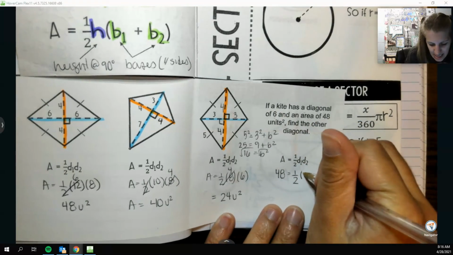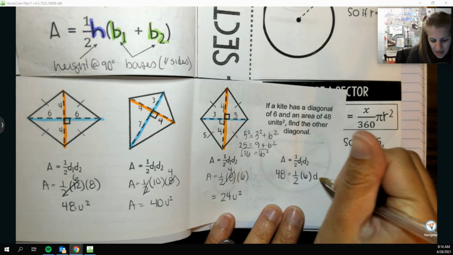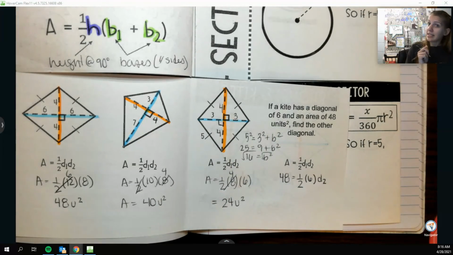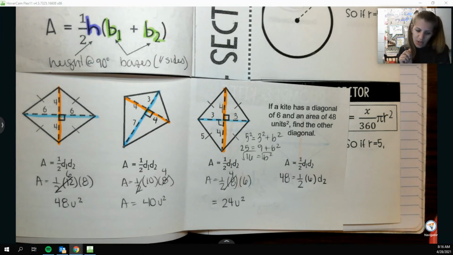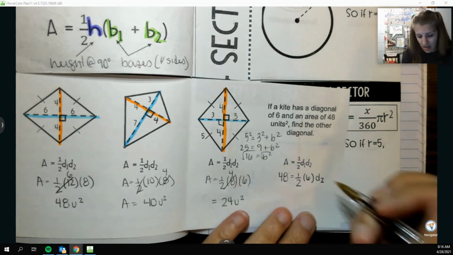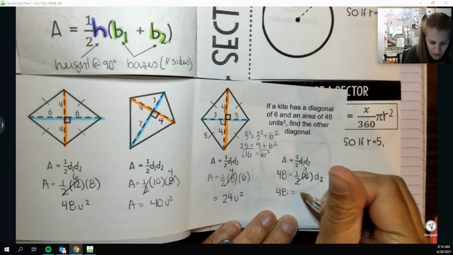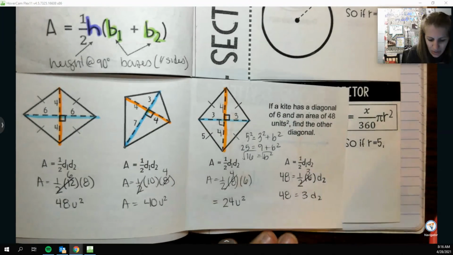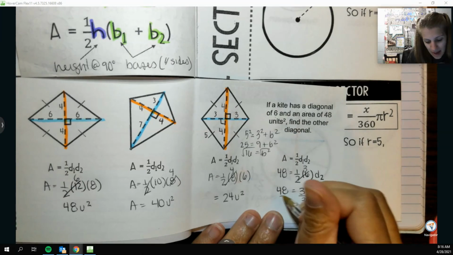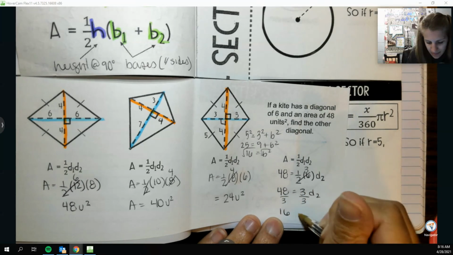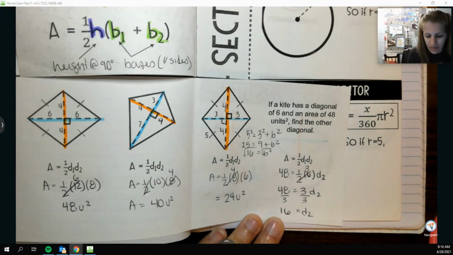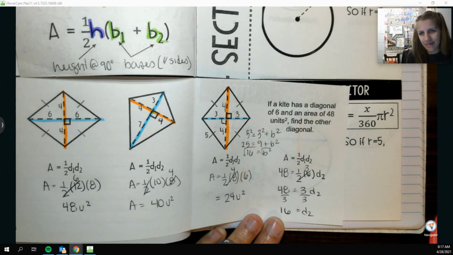One diagonal is 6, so you can put that in for D1, and then I do not know the other diagonal, D2. So I could get rid of the half, but I can also just take half of 6. So let's just do that, and it's 3. So we have 48 equals 3 times D2. And I just want to divide the 3 away, which is 16. So the other diagonal is 16.